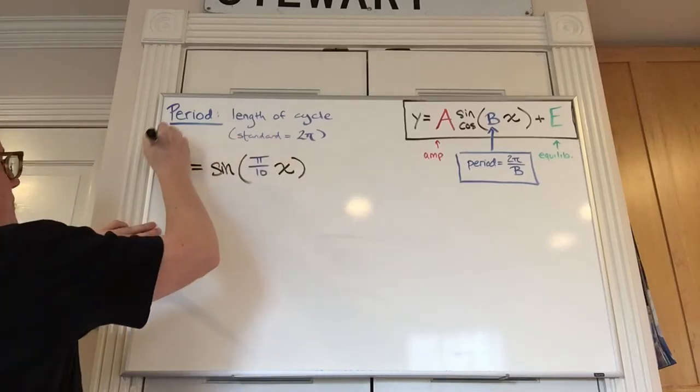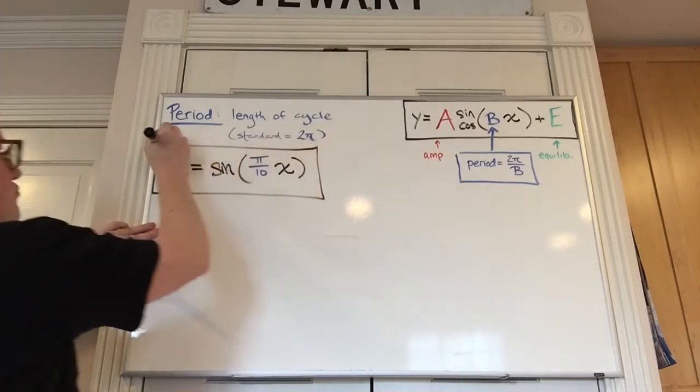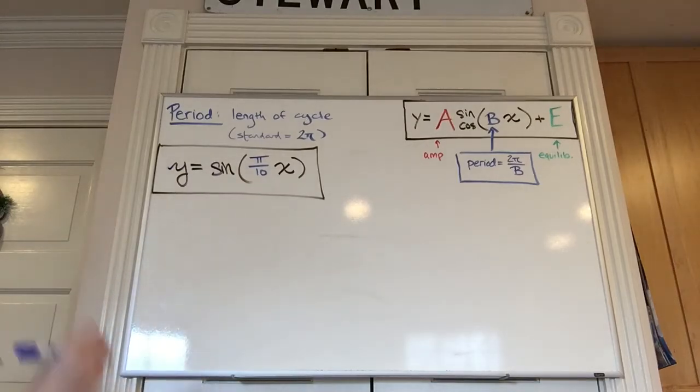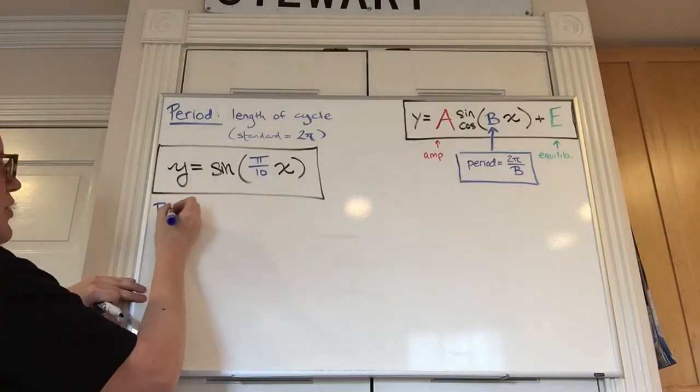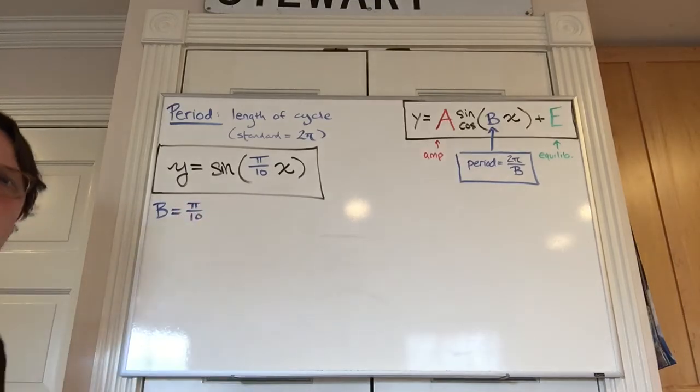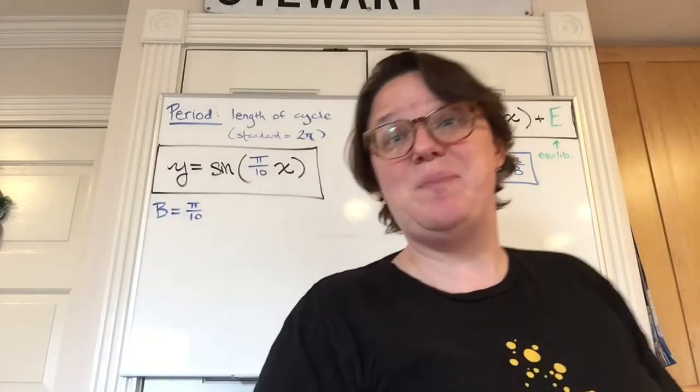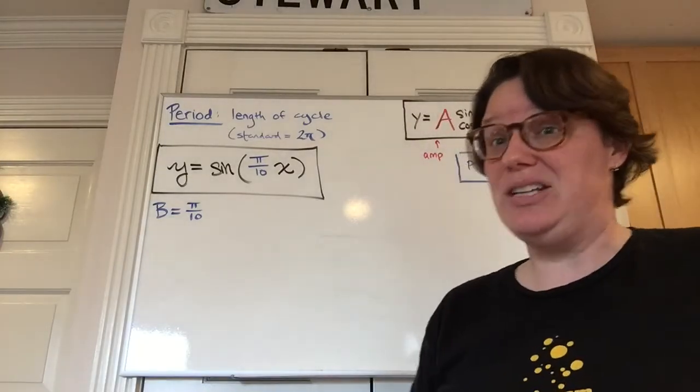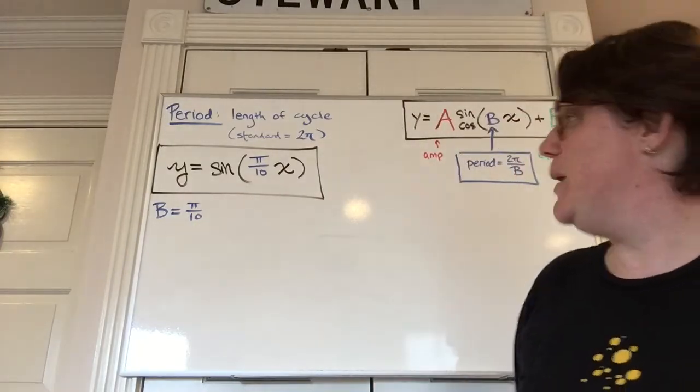We're going to graph that. Okay, so in this problem, the b value, the thing being multiplied inside the function, is pi over 10. Don't worry if your b value has pi in it. That actually is going to make the problem easier. It's really nice. So the b value is pi over 10.